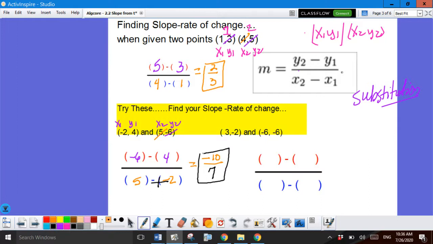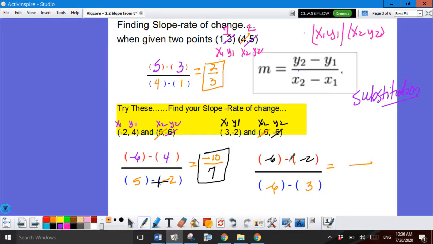All right, I want you to hit pause and see what you can do with this next one. Okay, let's see how you did. I'm starting with the -6. The match is the -2. Then I'm going to move to the other -6 and the 3.